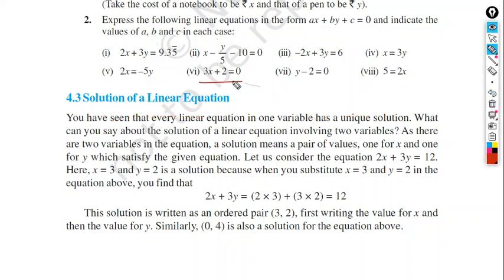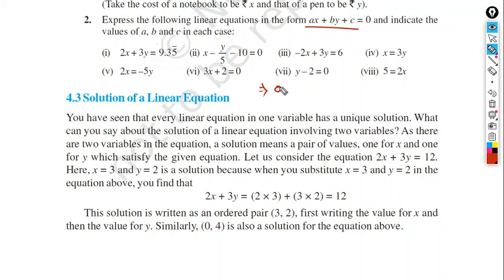Now these two questions are same. I will solve one of it. Let's start with VII. So VII is saying y minus 2 equal to 0, implies y minus 2 equal to 0. That means we have to write it in the form of ax plus by plus c equal to 0. That means a into x, so a equal to 0 here.